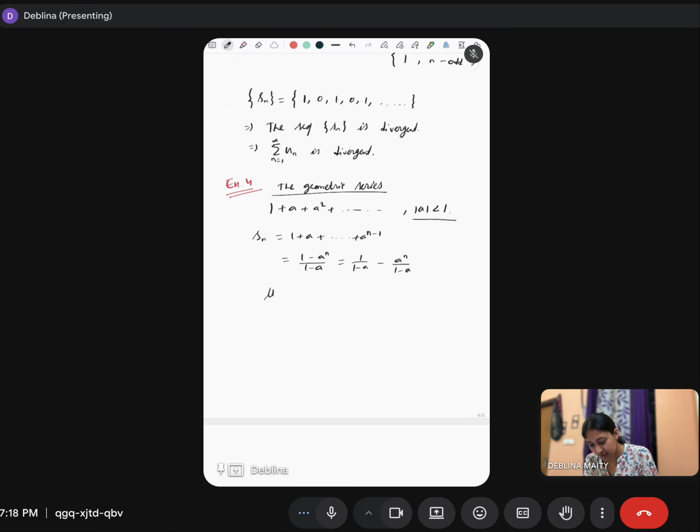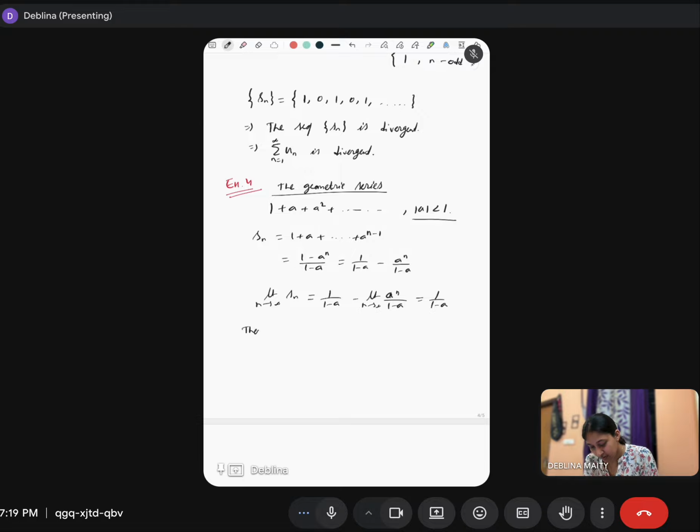So the limit as n tends to infinity of Sn is 1 by 1 minus a, right? So the sequence of partial sums Sn converges when mod a is less than 1, right?